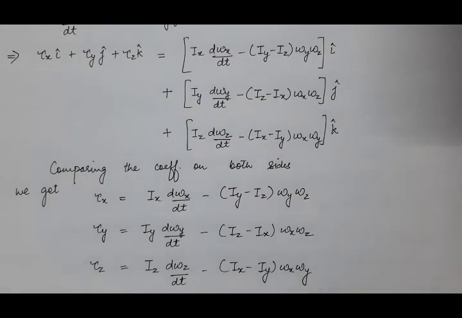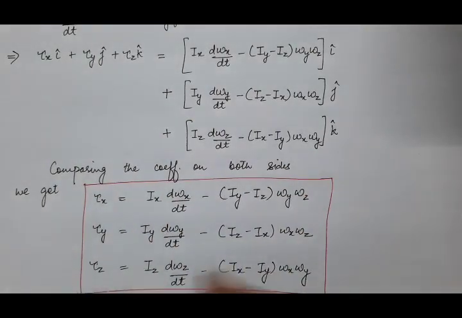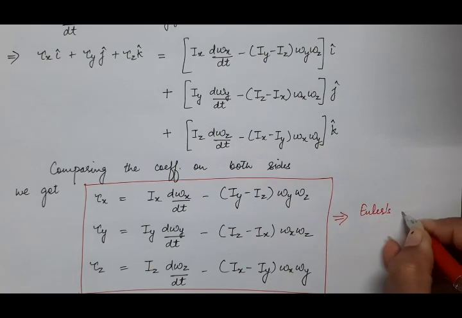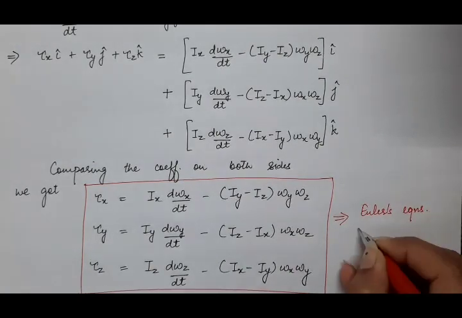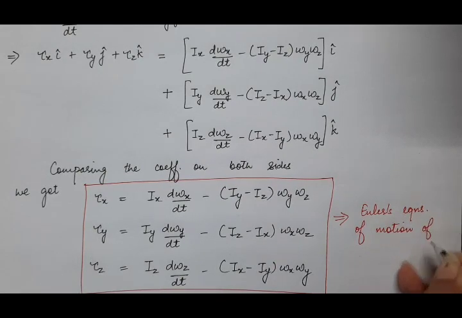So after comparing the coefficients of i cap, j cap, k cap on both sides, we will get these three equations, and these three equations are the Euler's equations of motion of a rigid body.